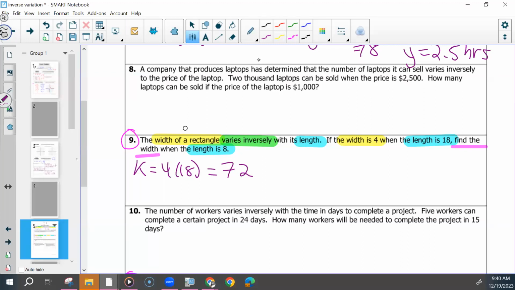Whatever comes before the words is your y. Are we finding y or x? Y. How would we set up that equation? 72 divided by 8. What would that give us? 9. And this one doesn't really have units, so you can just put 9 units.